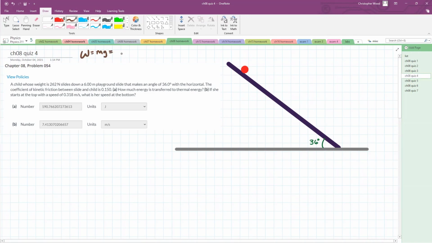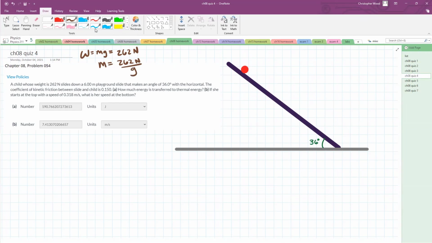Here, mass times gravity is 262 newtons, which means the mass of this child is 262 newtons divided by g. So that's a little sidebar. Sliding down the 6-meter playground slide, that makes an angle.